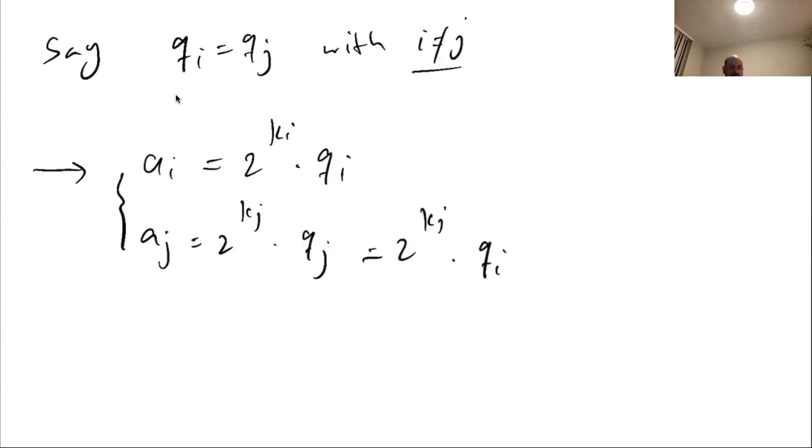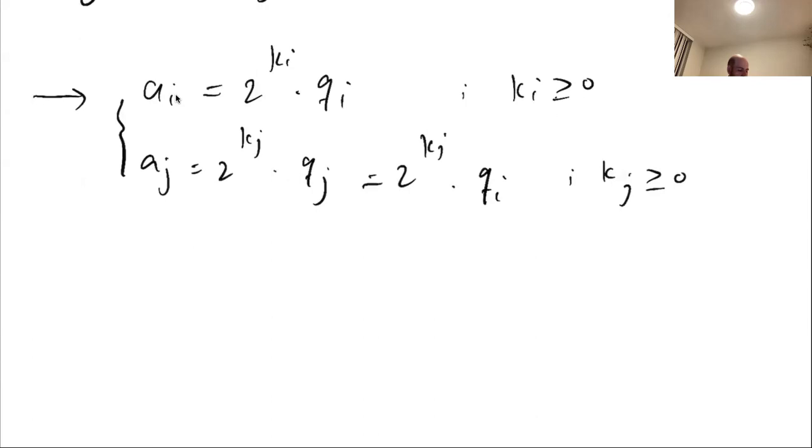Look at my two numbers, 2 to the power KI times QI and 2 to the power KJ times QJ. And what do I know about KI and KJ? I just know that they are non-negative. So one of them divides another: either AI divides AJ or AJ divides AI.